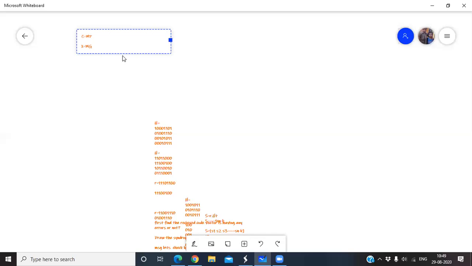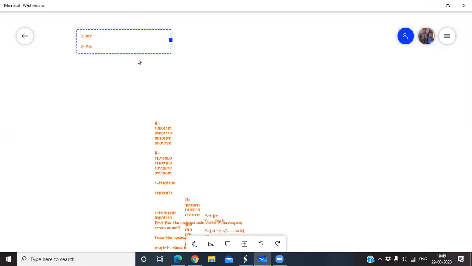M is the message vector and G is the generator matrix. I will definitely give you one example for non-systematic also. But this is the format. You can directly multiply the message matrix with the generator matrix and you will get the answer.